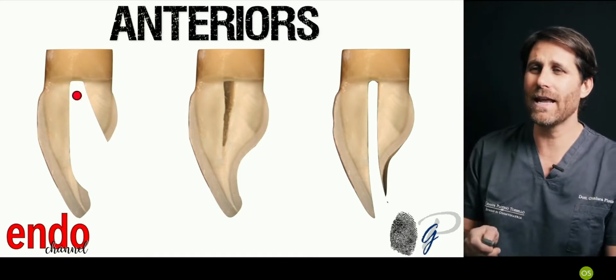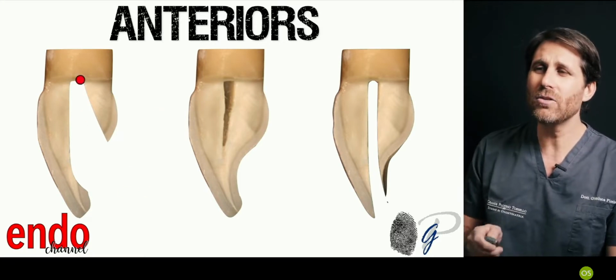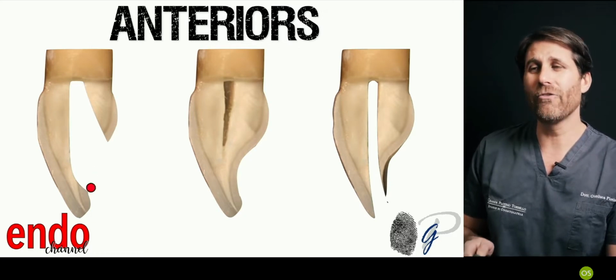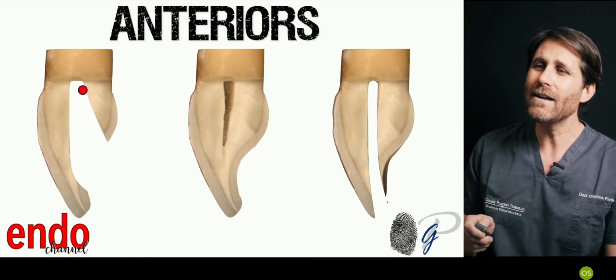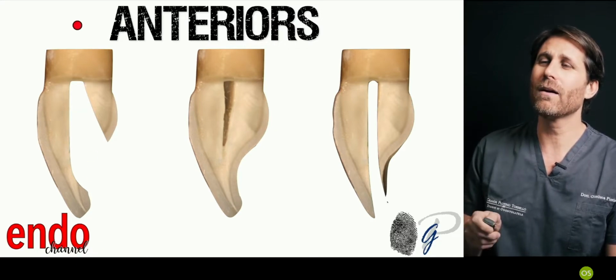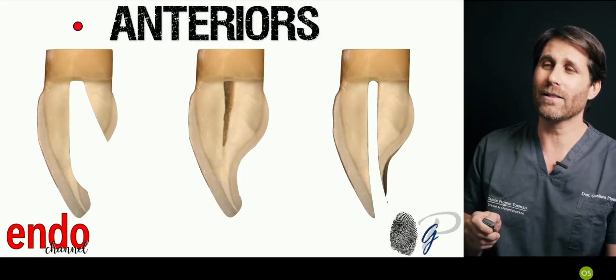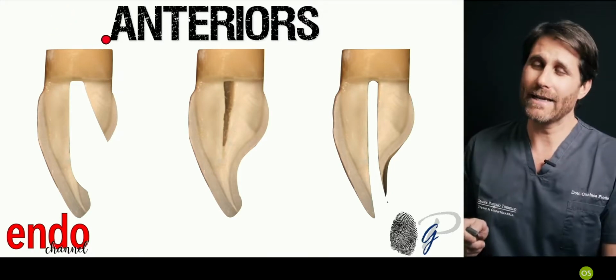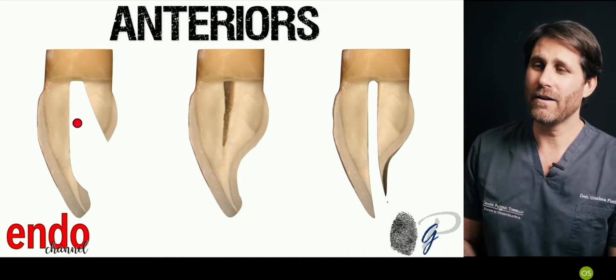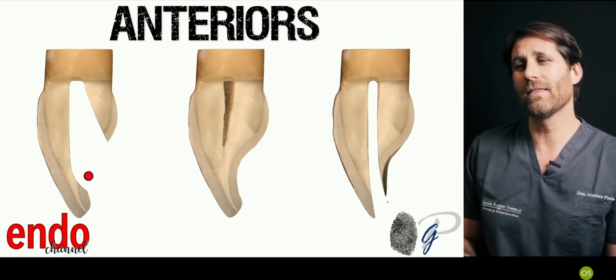Classic opening was like this: going inside the cingulum, perpendicular to the palatal surface of the anterior tooth, then going inside the pulp chamber, and then going more parallel to the axial axis of the tooth to remove the interference coronally. So this was the traditional access.